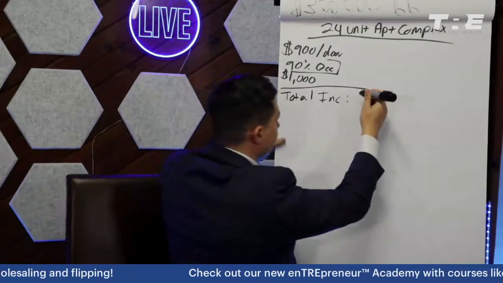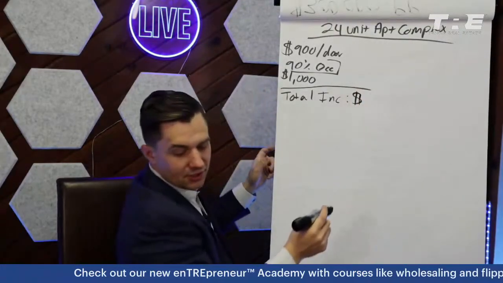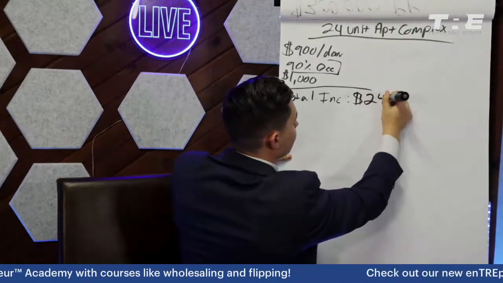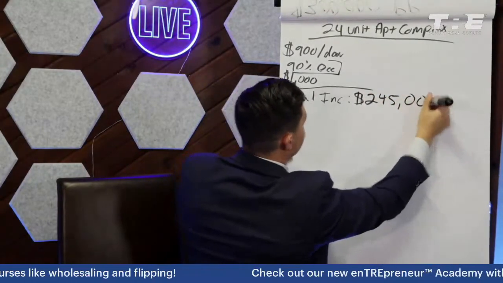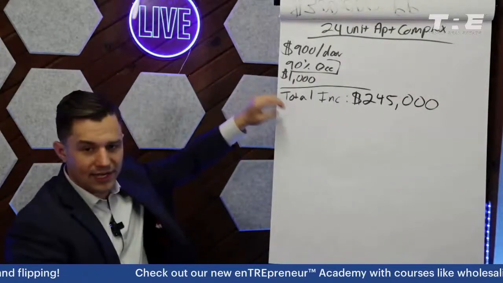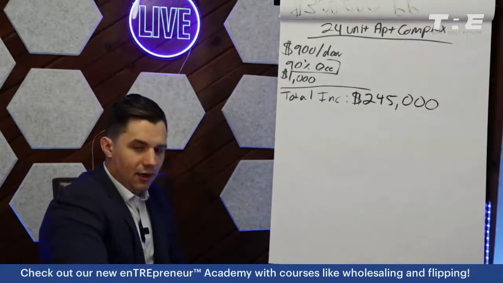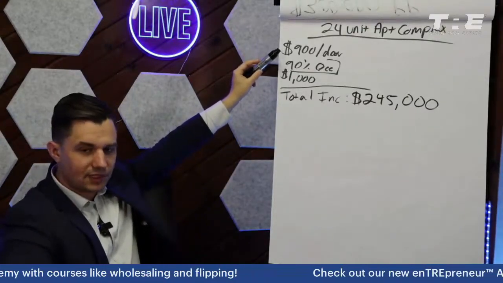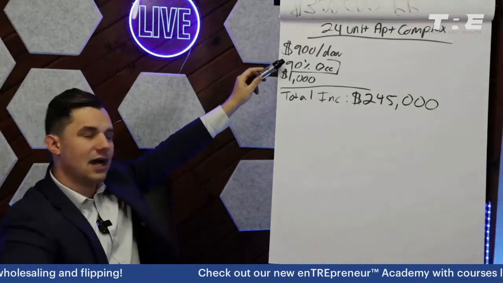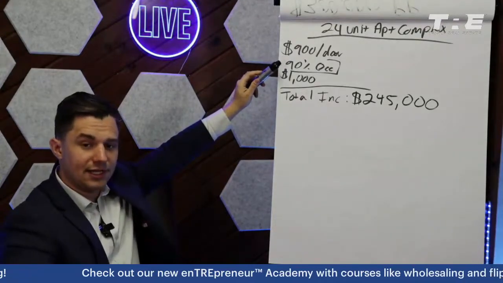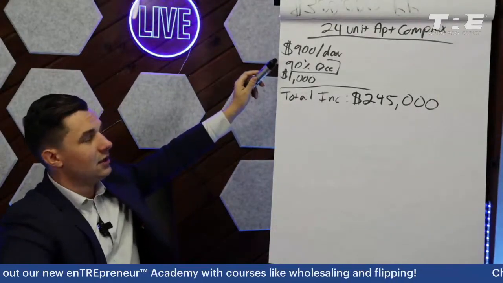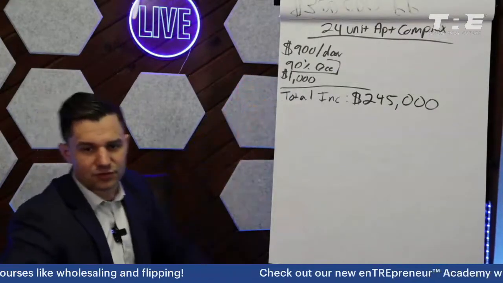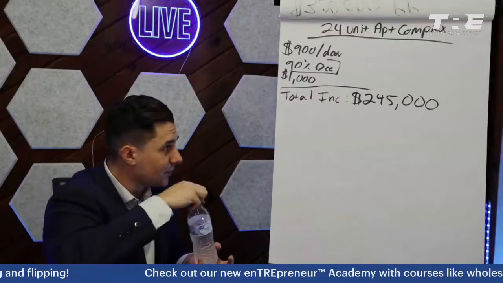We're going to look at it on an annual basis. $245,280. Let's just round it to 245,000. Simple math. All right, so this is your total annual income. And the reason we came up with this is we took $900 a door times 24 units times 0.9, which is 90% because it's 90% occupied, plus 1,000 times 12. Gives us total income of $245,000 a year.